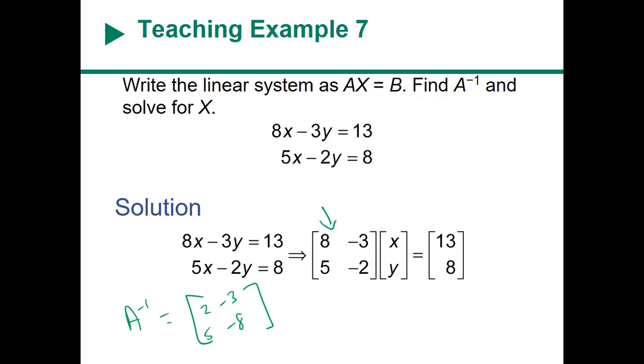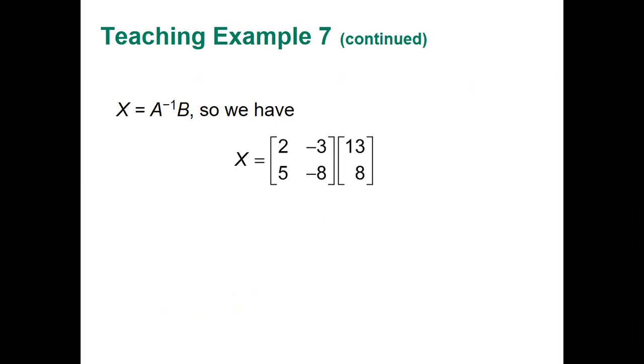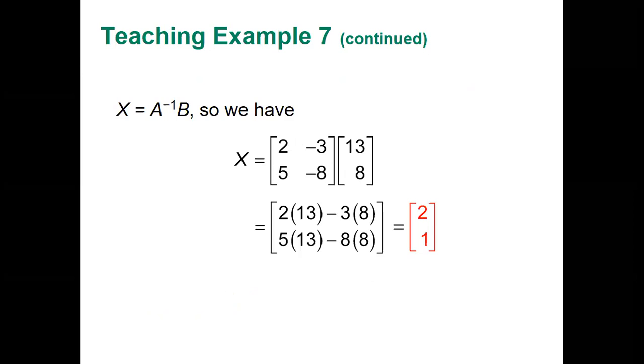Once you have that, to find your solution, you multiply it times what you have. So we go through the multiplication, and the ending result is your solution. So now you know that your X equals 2 and your Y equals 1, and your solution is 2, 1.